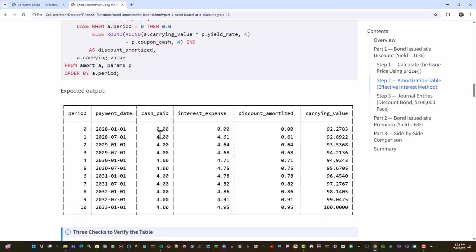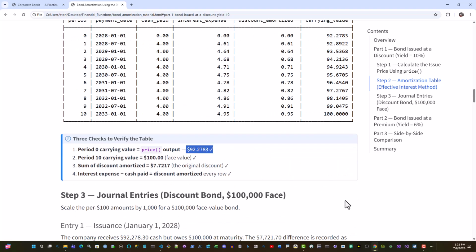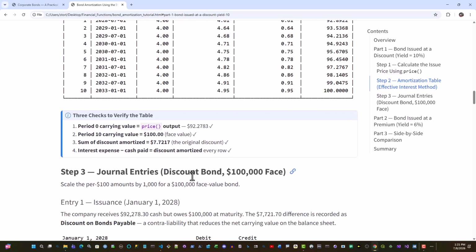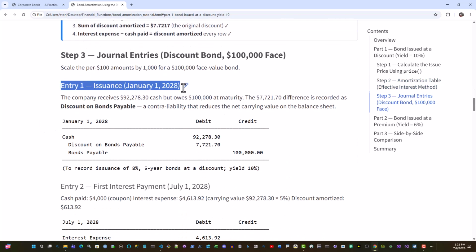But anyway, this is the amortization schedule, and as you can see here, there's the price and the journal entries. And for accounting, here will be the first entry you make on January 1st when you actually sell the bonds. You owe the lenders $100,000 that you're going to have to pay out.